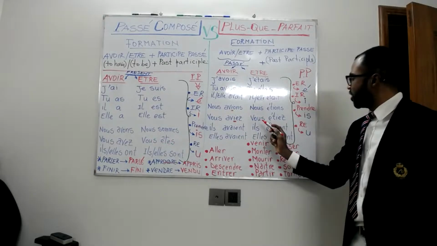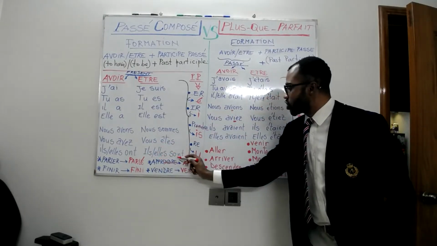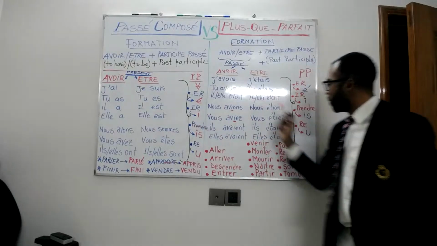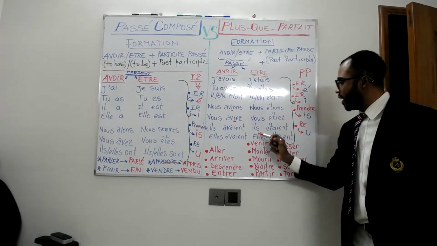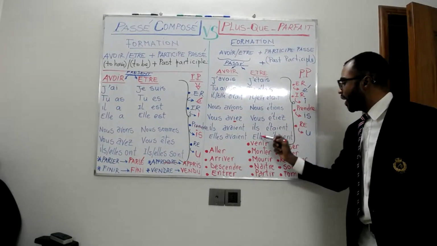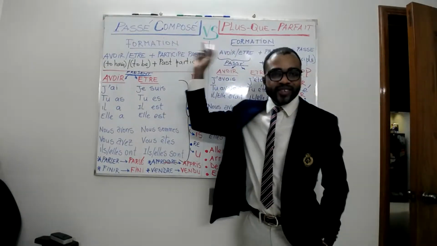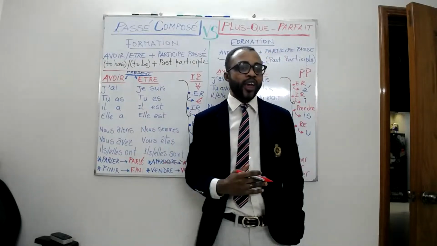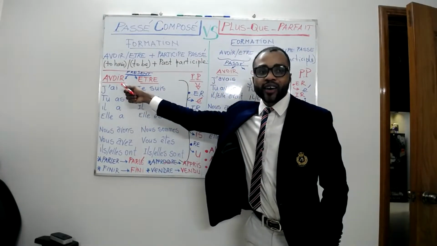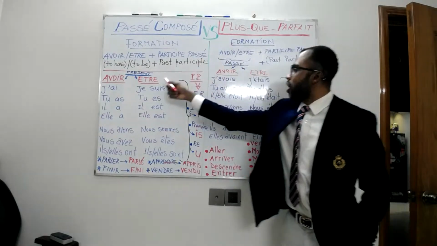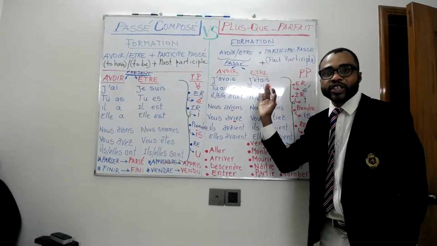Vous êtes, vous étiez. Ils, elles sont, in the present form, in the past will be ils étaient, elles étaient. So the difference between passé composé and plus-que-parfait is the past tense of avoir and the past tense of être.